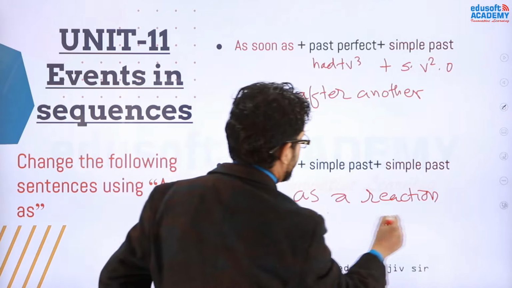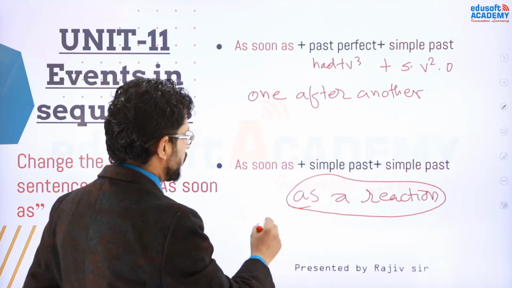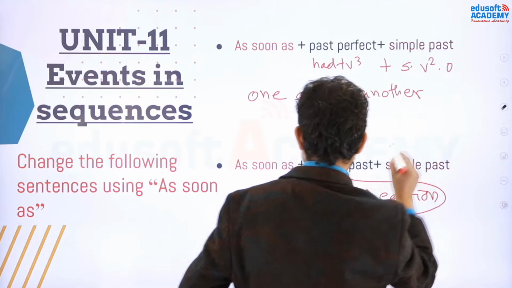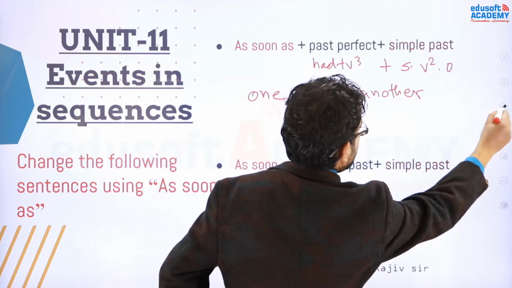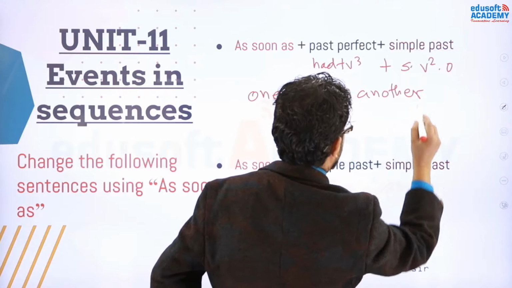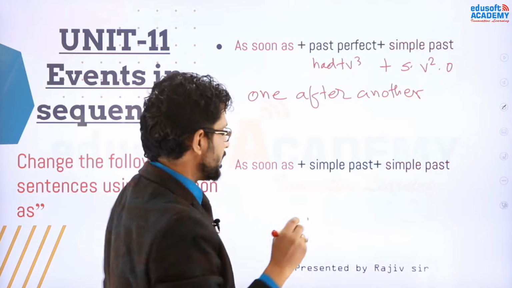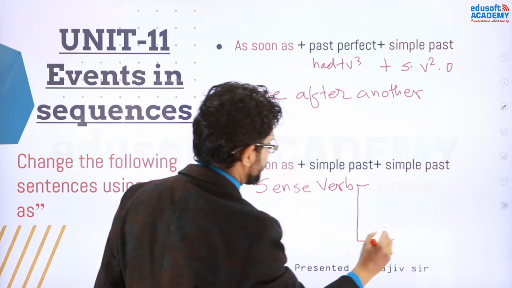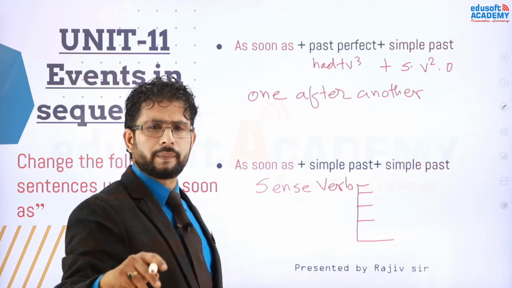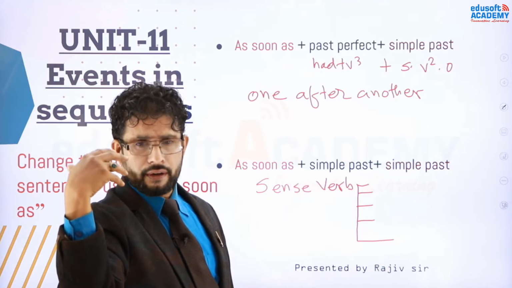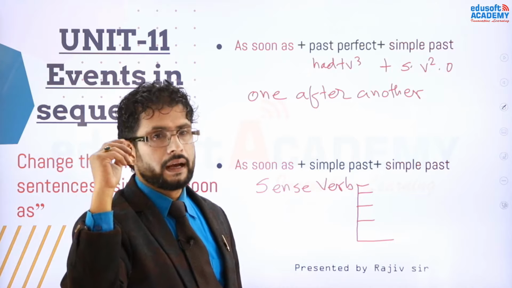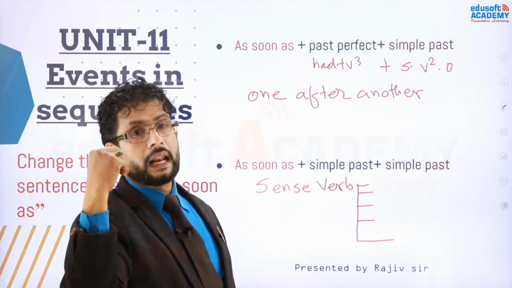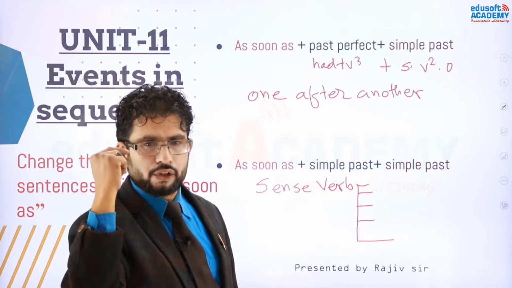So let me tell you one thing. Usually, this as a reaction occurs because of the presence of a sense verb. Let me write it here again. So instant reaction is derived from the sense verb. And you know what this sense verb means. If you don't know, no problem, I will tell you. How many sense organs do you have? Five. Eye is to see, ear is to hear, nose is to smell, your tongue is to taste, and skin is to feel.